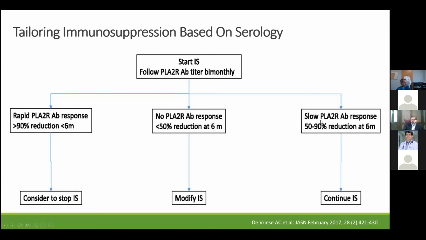And if you've got a slower response, some response but not quite, you'll continue treatment for another 6 months. I recently saw a patient who had been on tacrolimus for 5 years and had been in remission for 4. So, you don't want to do that. You have to take immunosuppression off at some point.